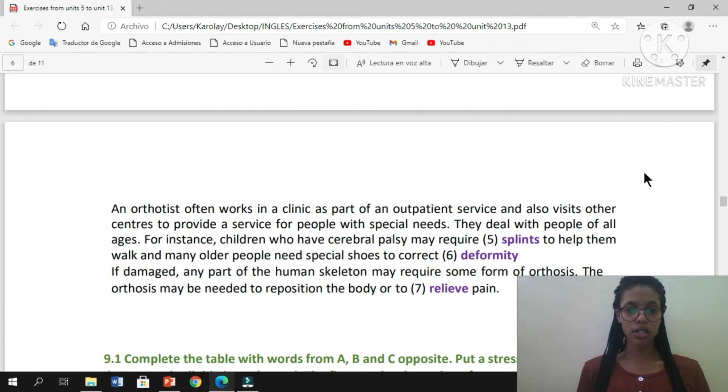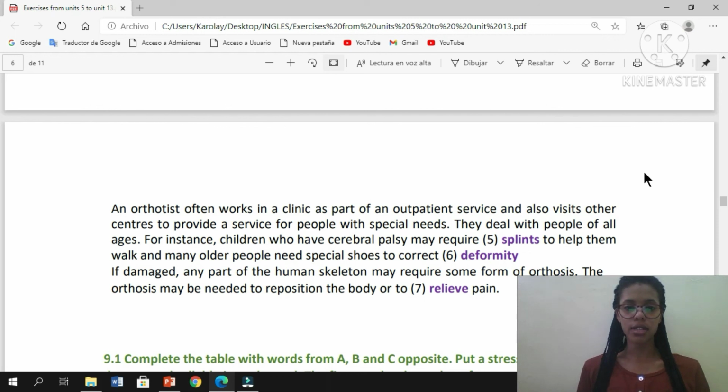Orthotists work in a clinic as part of an outpatient service and also visit other centers to provide a service for people with specialist needs. They deal with people of all ages.